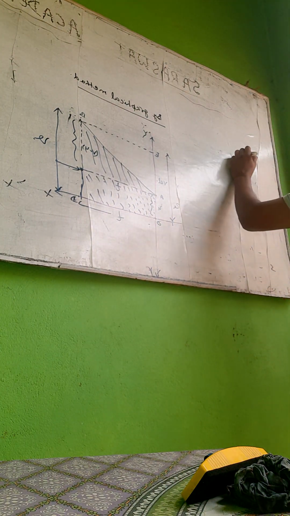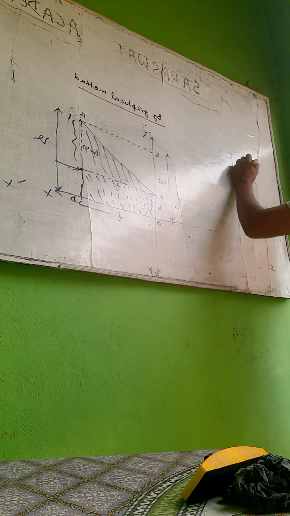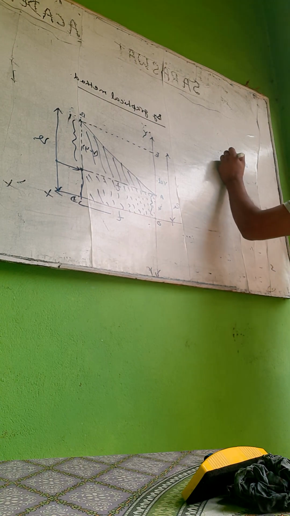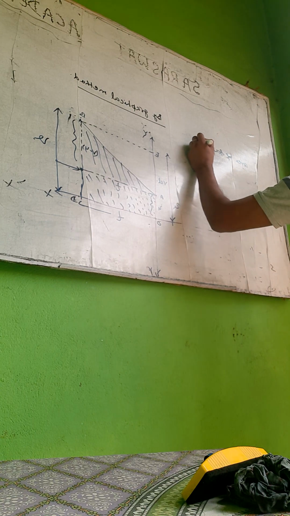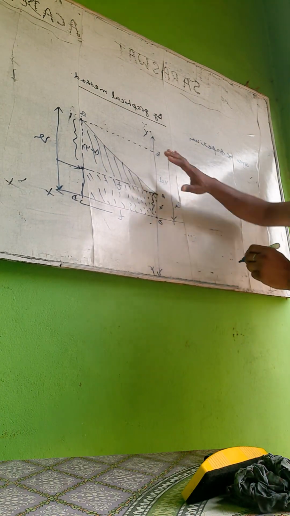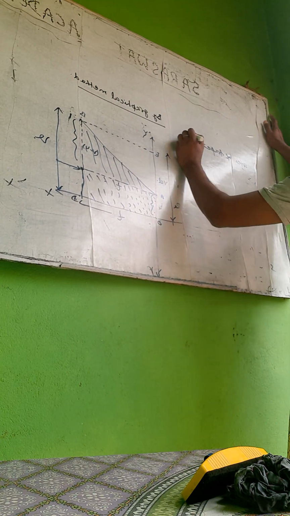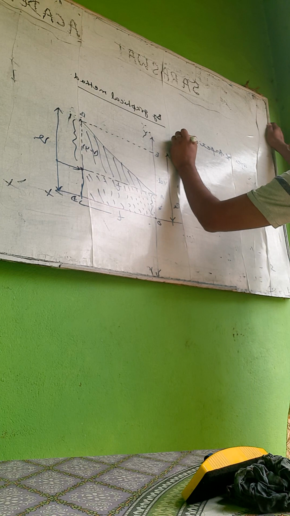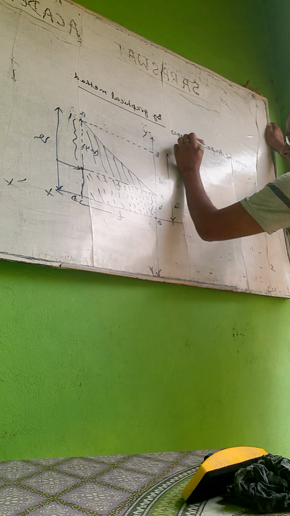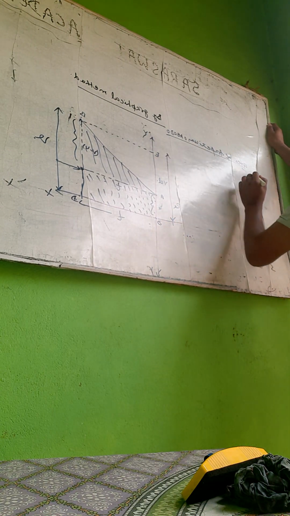In this case, the area of the trapezium O, A, B, C, D, and O will be how much? Anyone?